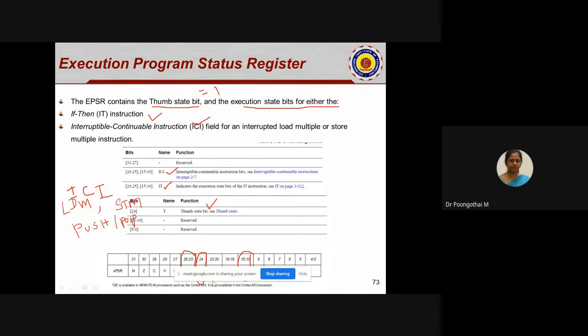The thumb bit is always 1 because your ARM Cortex M processor follows Thumb-2 technology. There is no ARM state. If you try to clear this particular bit, it will cause a fault exception error.